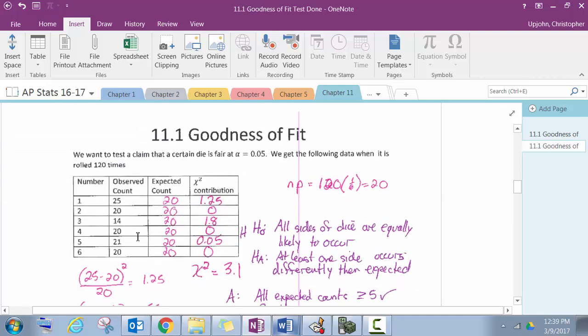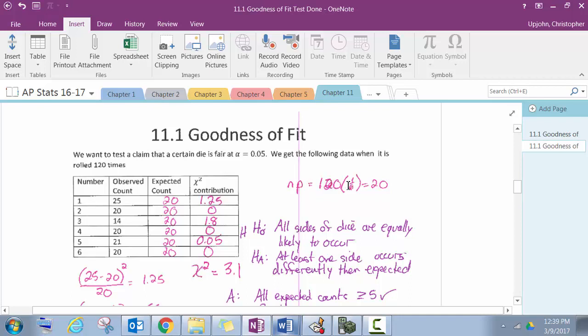So, for example, we want to test a claim that a certain die is fair at alpha equals 0.05. We get the following data when it's rolled 120 times. We get 25 ones, 20 twos, 14 threes, and so on. Now the expected count is going to be, everything should be equal. N is 120, that's how many times we roll it.